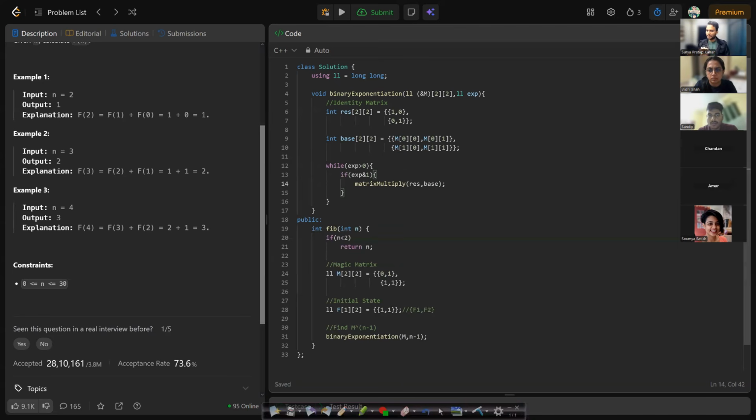Now, why am I using base? Why not m? Because the base will keep on updating. Maybe initially you were not seeing an odd power. Like if you started at 2 to the power of 14, then you will reach 4 to the power of 7. At this point, you should be saving 4 to the power of 1, isn't it? So you should take the updated value's power 1. Who will update?